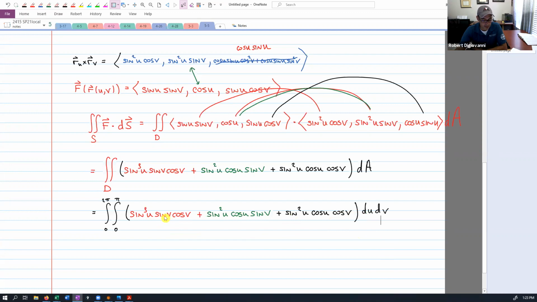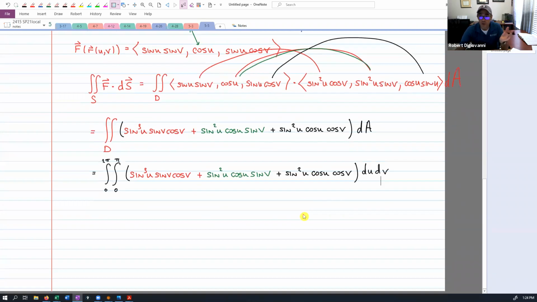So you'll have sine v, cosine v as a constant, but integrating sine cubed, if you go back to Cal 2, you'd have to break this down to be sine squared times sine, turn sine squared into 1 minus cosine squared, and then do a basic u substitution. This one's a little easier to do with respect to u because I have sine u squared here, and then cosine u is its derivative, so that would be a basic u sub. And then same with this one, basic u sub. So it could be done.